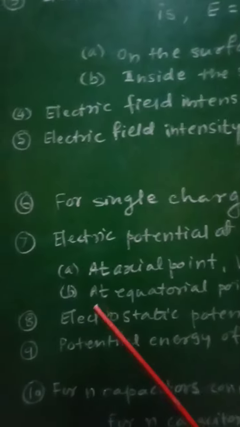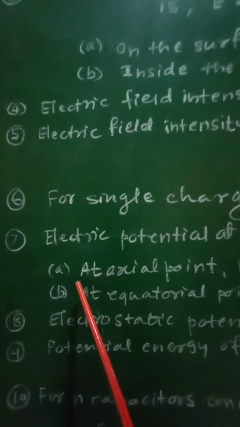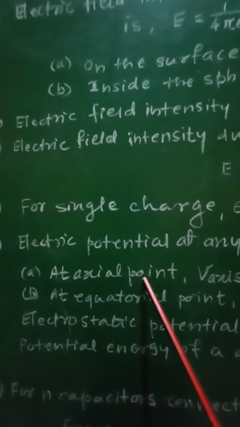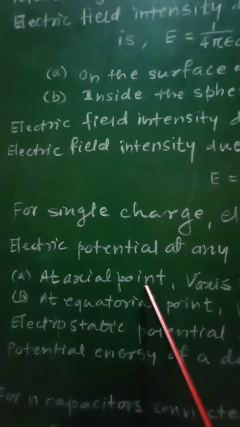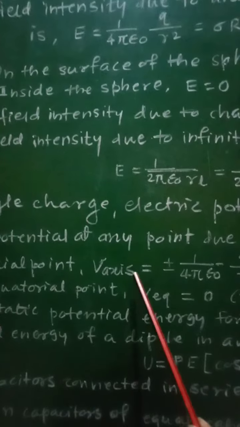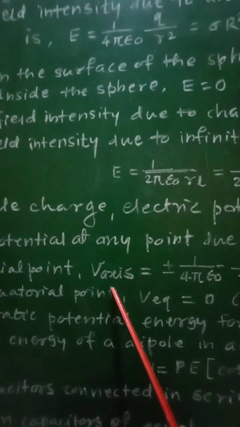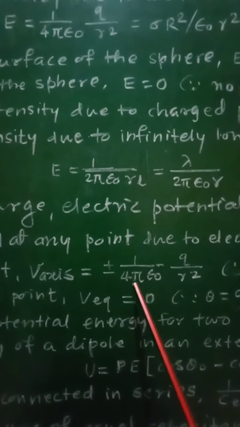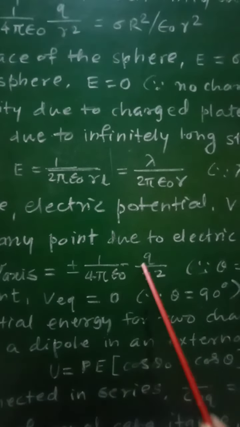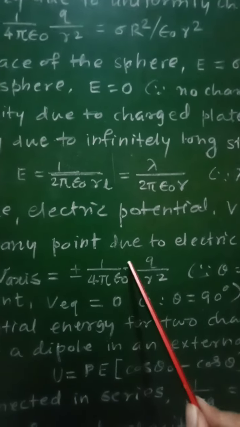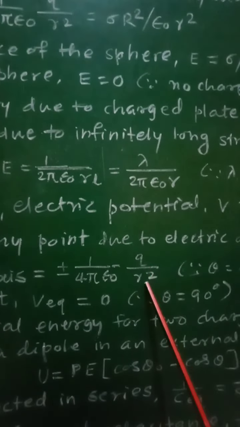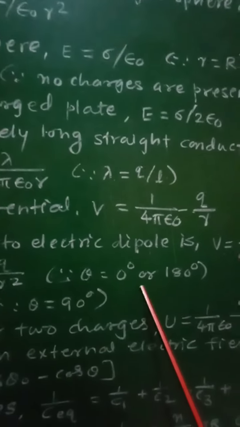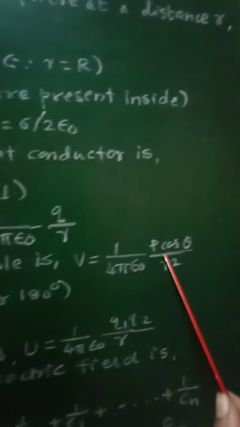Then let us consider some cases again here. First case, that is A, at axial point. If any point lies along the axis of that electric dipole, then along that axial point, electric potential phi axis will be equal to plus minus 1 upon 4 pi epsilon 0 q by r square, since theta will be equal to 0 degree or 180 degree in this formula.